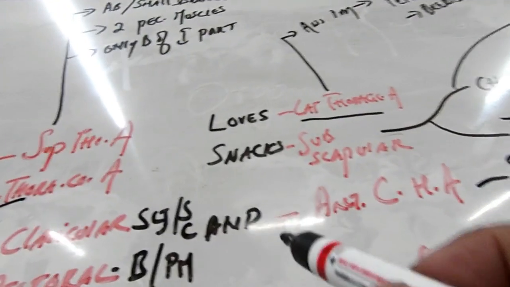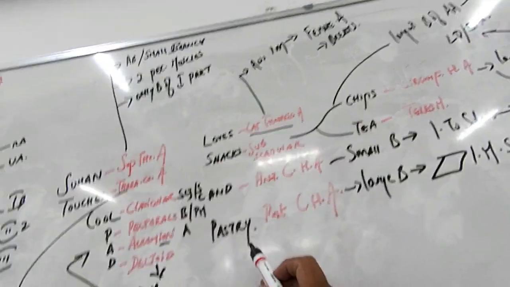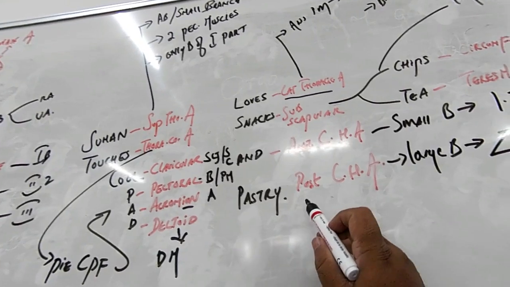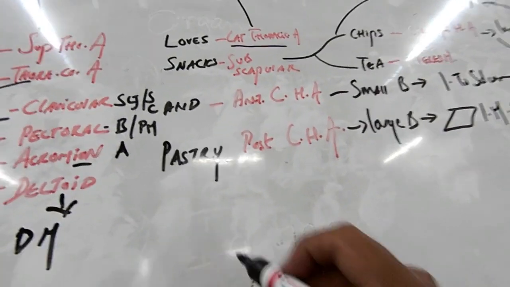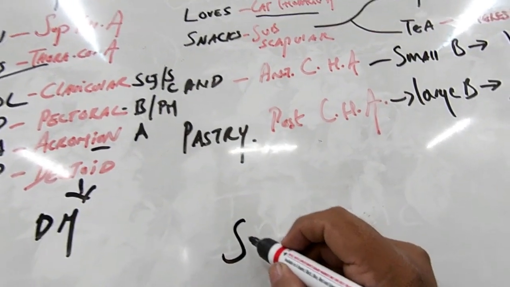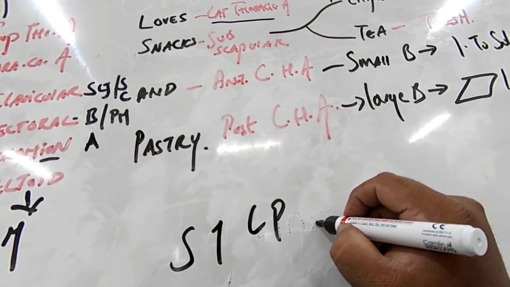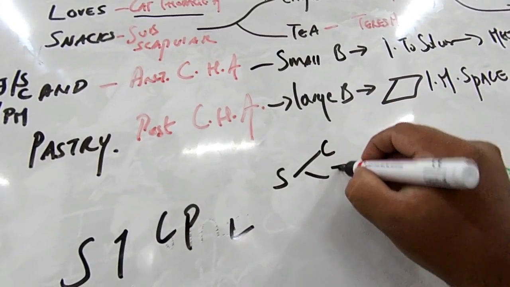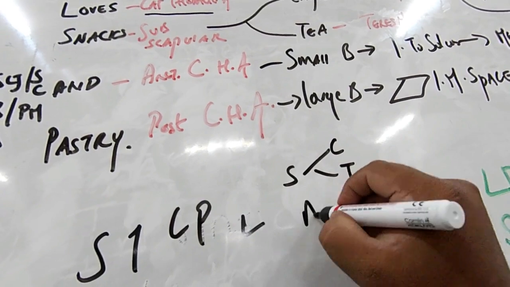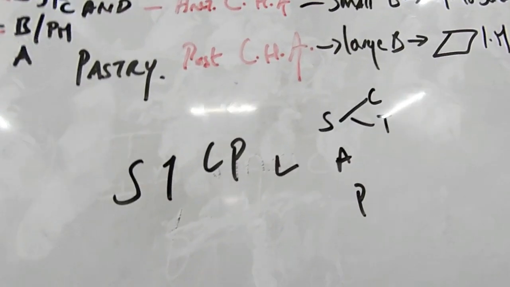From the A we have the anterior circumflex humeral artery, and from the pastry we have the posterior circumflex humeral artery. Easy method, just refer to any S name: this person touches the cool pad and loves eating snacks, which is chips and tea, as well as pastries. This is the easy method for you to remember that.